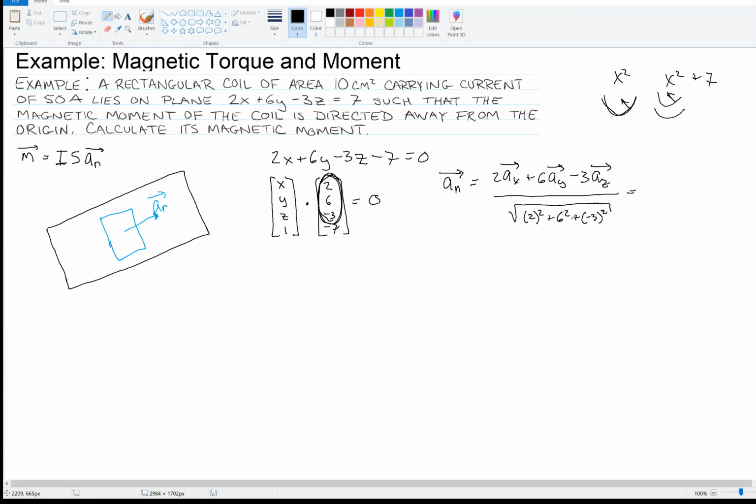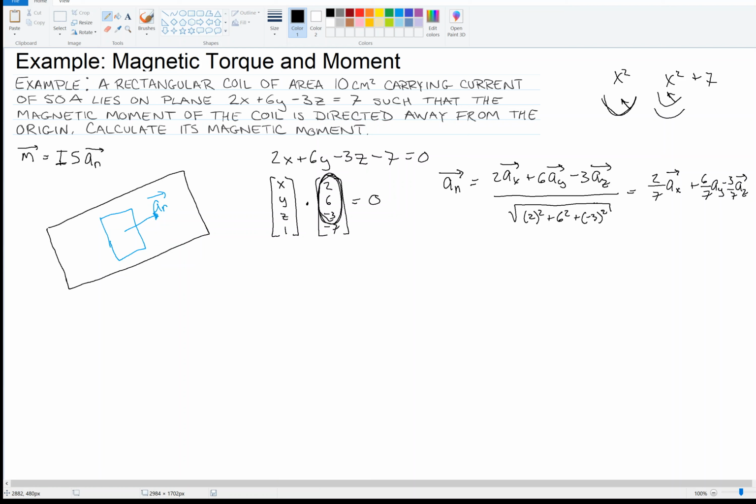So that's 4, 36, 9, which is 49, so the square root of that is 7. And so our unit vector is 2/7 in the x direction plus 6/7 in the y direction minus 3/7 in the z direction. So that's our unit vector.